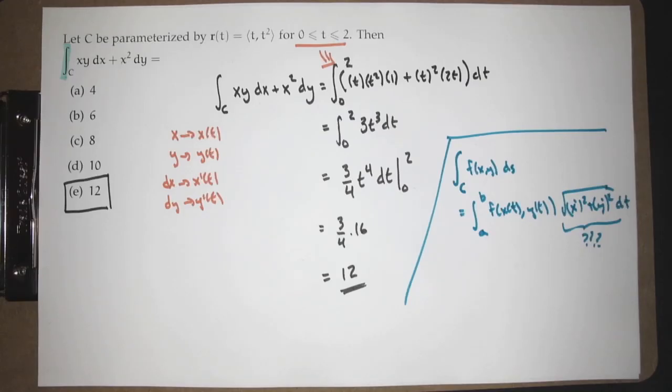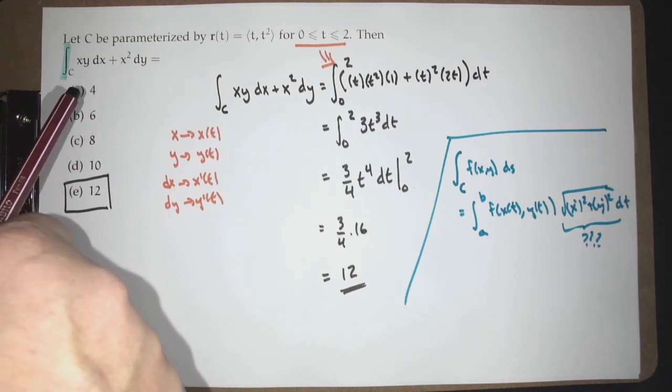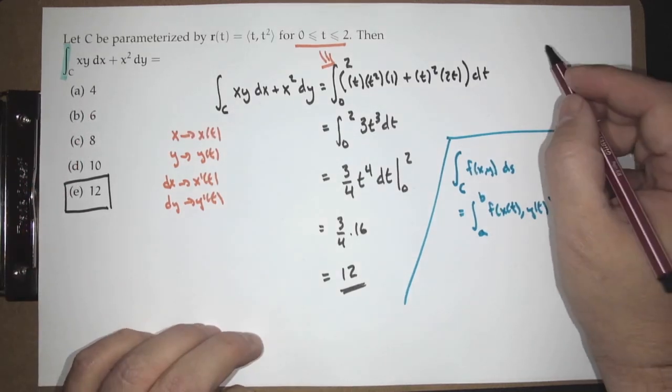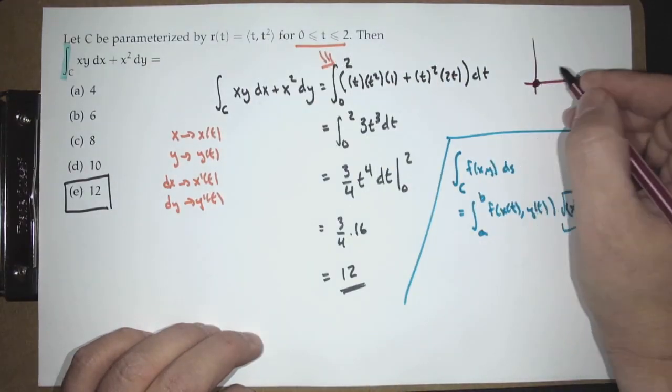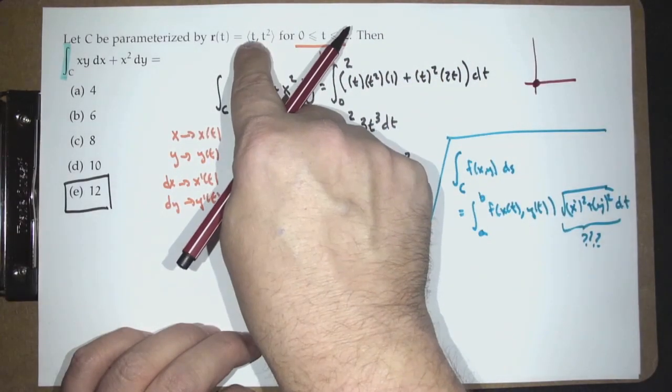Now, to answer that, you have to think about what kind of integral we're doing here. For lack of a better word, I'm trying to get to the word orientation in a natural way, so I'm just going to say there's an orientation involved. This is an integral with an orientation, which is to say I start at time 0, I'm starting at (0, 0), and at time 2, I'm ending at (2, 4).